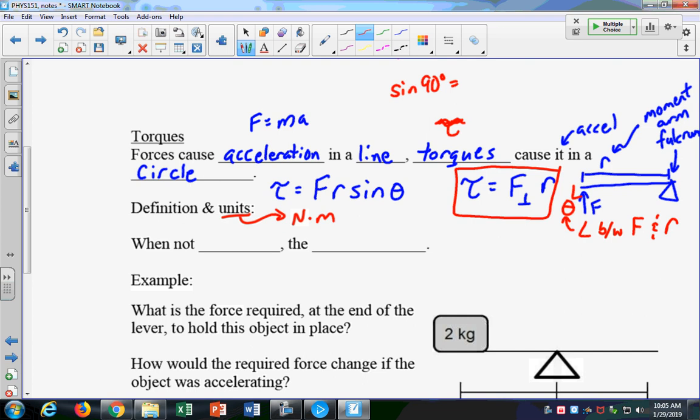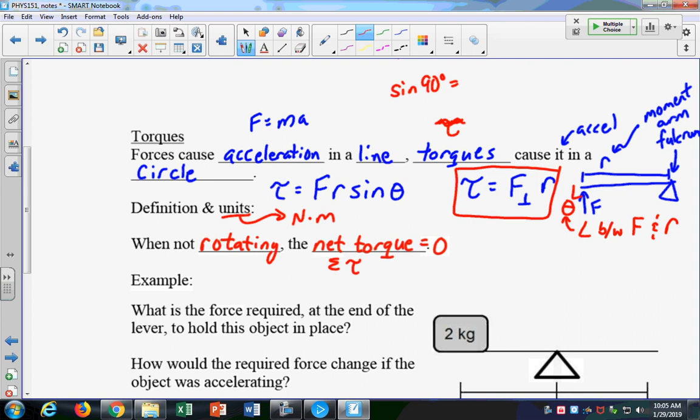When not rotating, an object is said to be in equilibrium, and the net torque is 0. We've used the word net before regarding the forces. The net torque is the sum of all the torques.